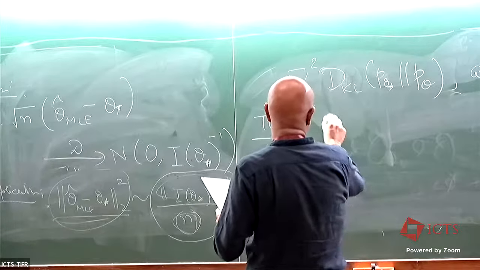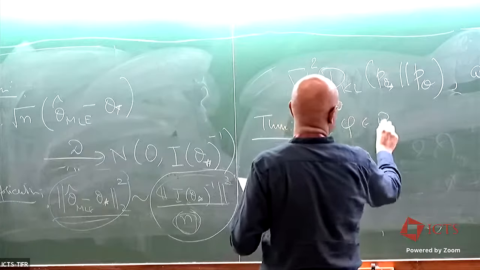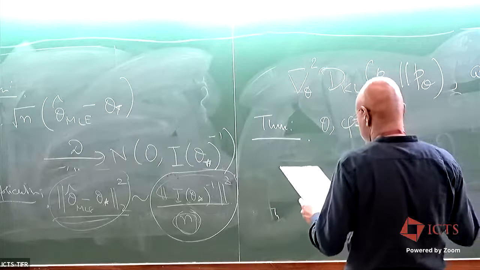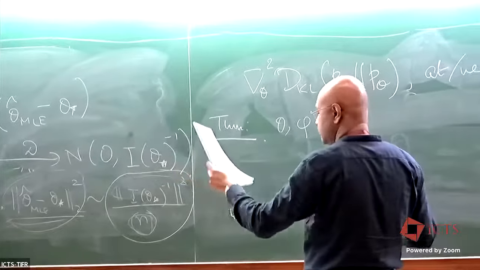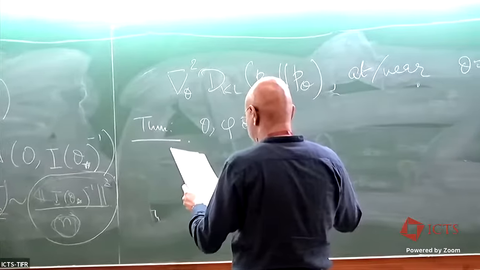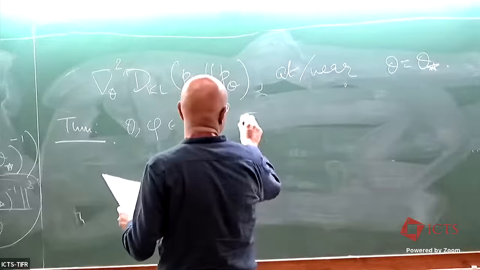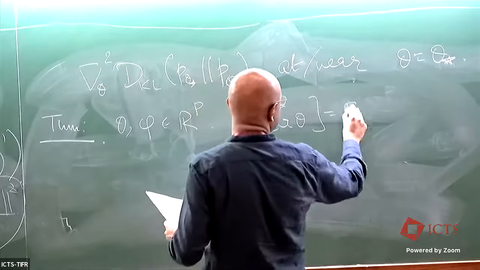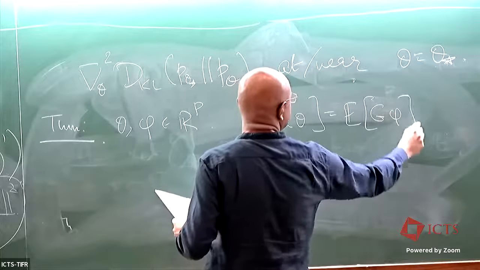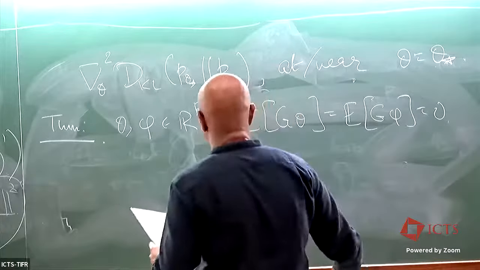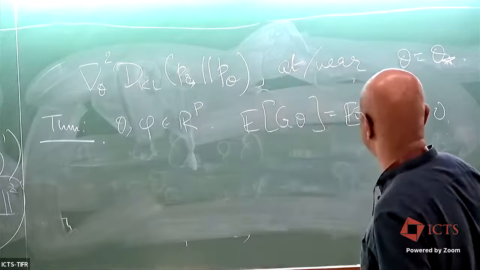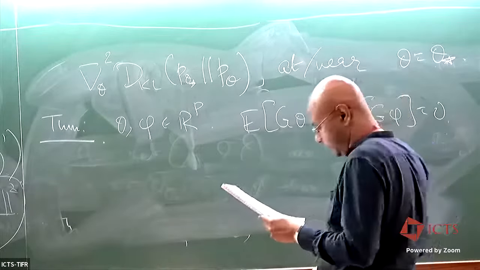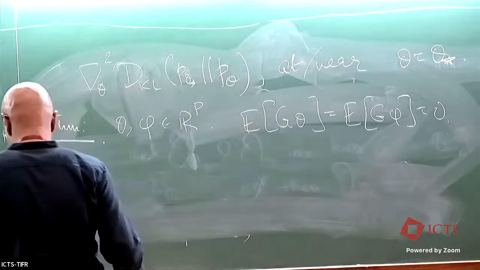So suppose theta, phi belong to R^p. This is just a general theorem about the Kullback-Leibler divergence of this model. And suppose the expectation of g theta is equal to the expectation of g phi is equal to 0. This is the first moment: if you were doing cyclic shifts, this is just the average of coordinates. So this is just a normalization.